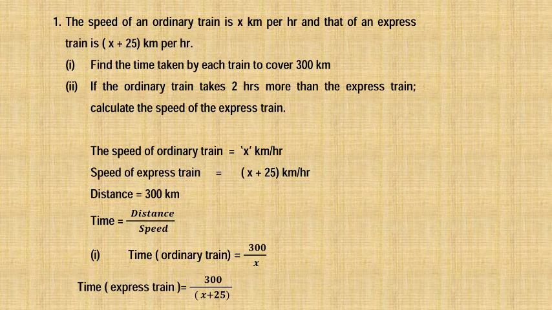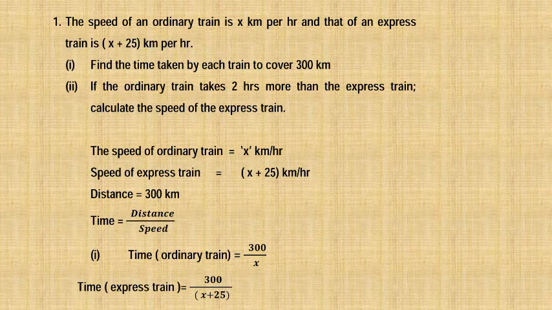In the first case, let us assume that the speed of an ordinary train is x kilometer per hour, which is given in the question. And in the question it is also said that the speed of an express train is x plus 25 kilometer per hour. So distance travelled is clearly mentioned as 300 kilometer.